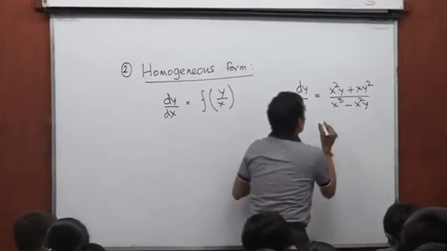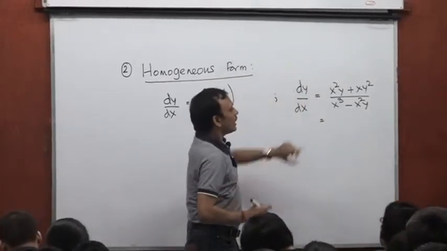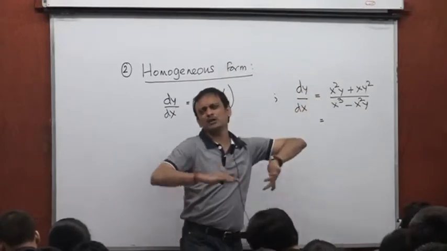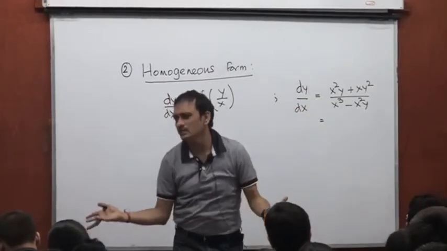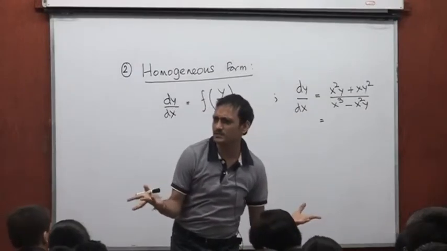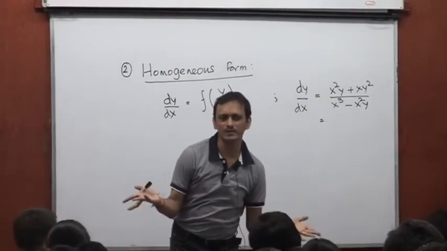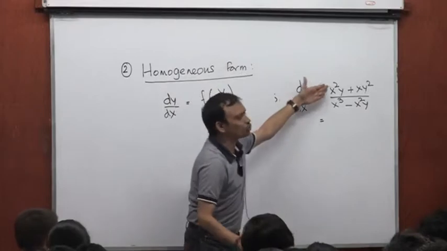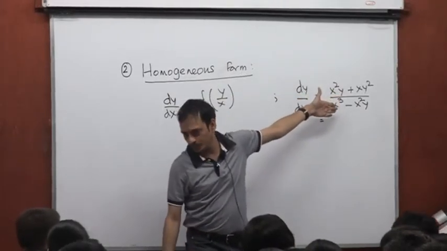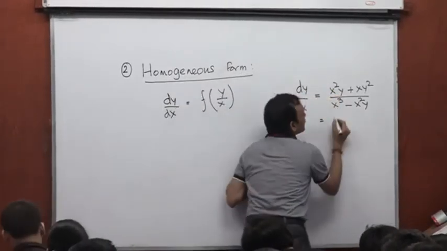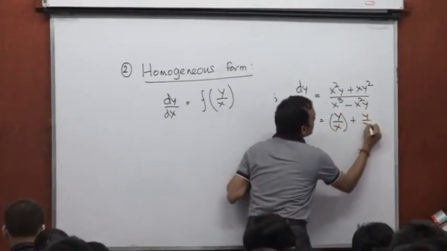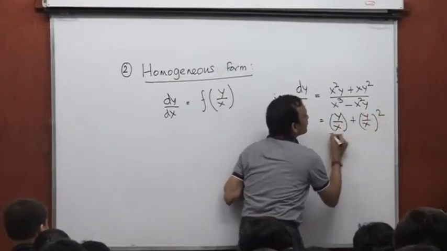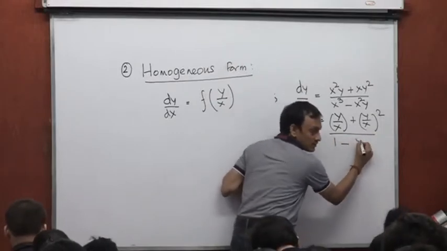How? I can divide either by the highest power of x permissible or the highest power of y permissible. x cubed is the highest power of x permissible, y cubed is the highest power of y permissible. Either way, suppose I divide both numerator and denominator by x cubed. When I do that, I get y by x plus (y by x) whole squared, divided by 1 minus y by x.